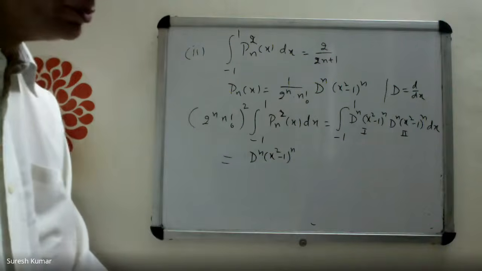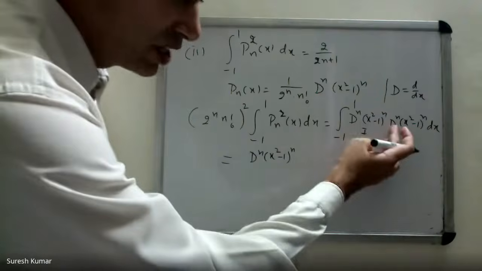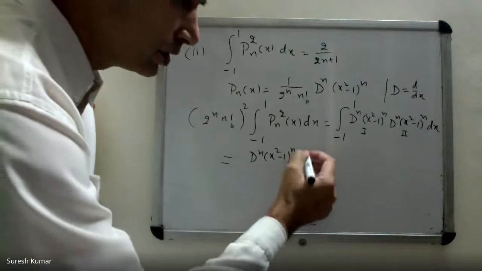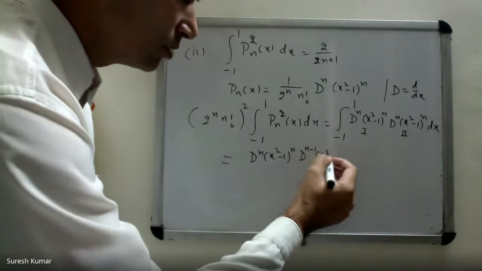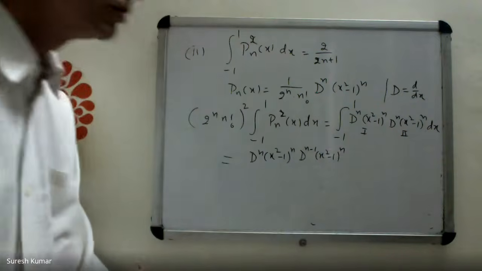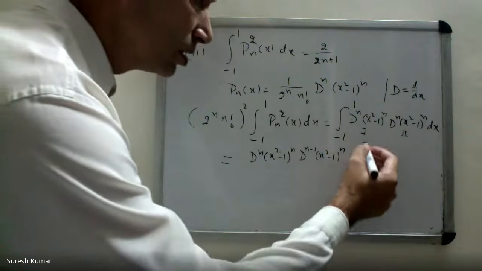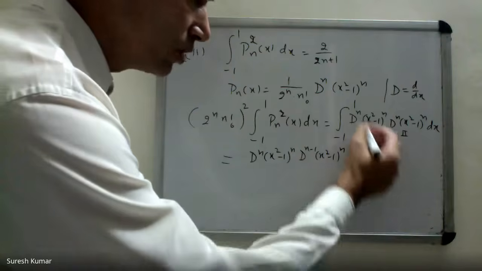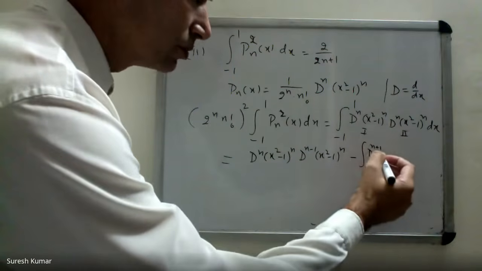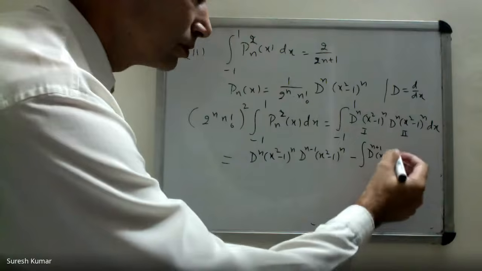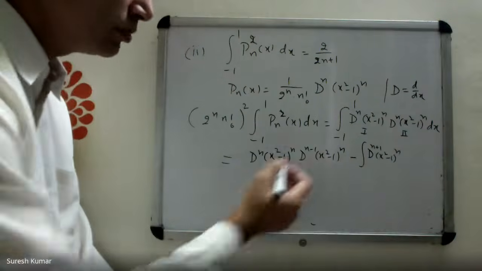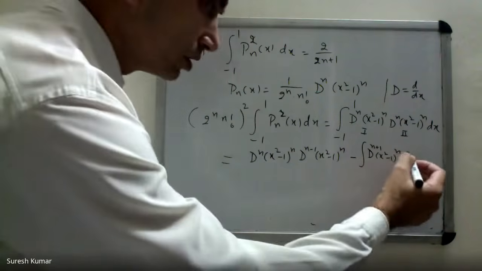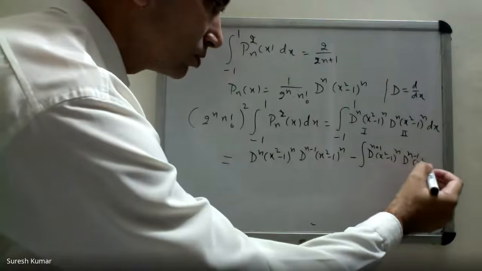Only one derivative is reduced, D^(n minus 1) (x square minus 1) power n. Minus derivative of first, which means one derivative is increased, and integral of second, this same term, D^(n minus 1) (x square minus 1) power n.